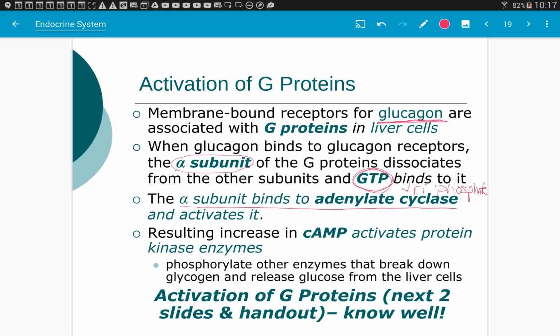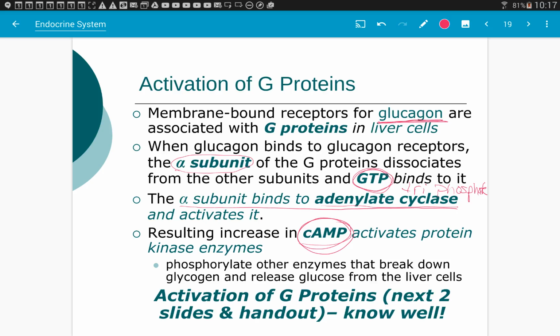So this is not something we saw on the previous slide. In the next slide, we'll see some more examples. So when the alpha subunit of the G protein binds to the adenylate cyclase, it increases the product, or what's called cyclic AMP. The next slide will show the picture.